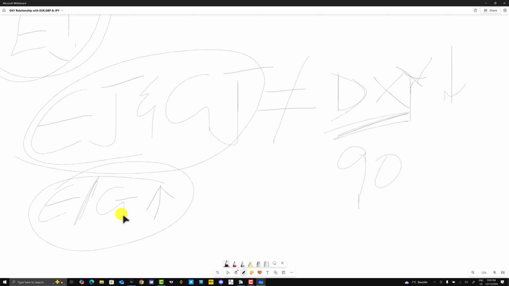That's the whole idea. Because the other side, which is the dollar index rising, causes the euro USD and then the pound USD to drop.